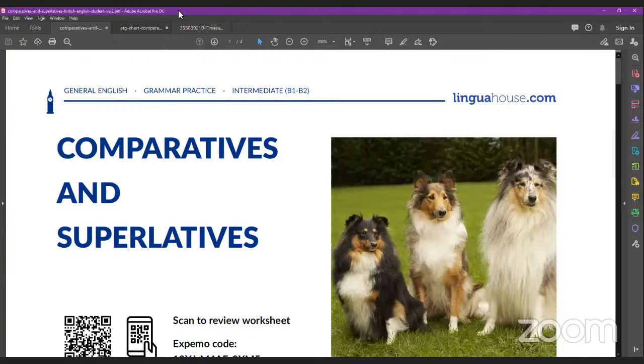Well, guys, let's continue. Let's keep on working on comparative sentences. Don't forget, guys, adjectives have 3 different degrees: positive, comparative, and superlative.